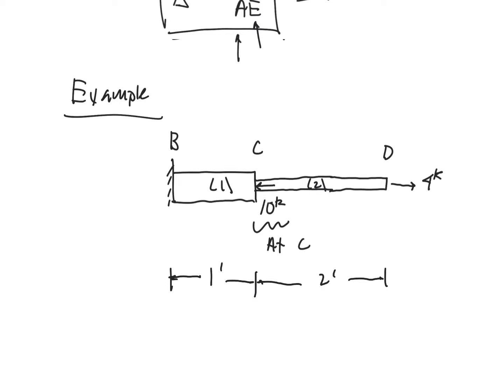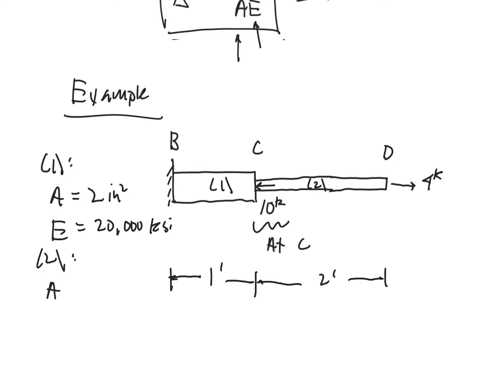Like so. And let's give the properties of these particular bars. Let's say that bar number 1 has a cross-sectional area of 2 square inches. And the value of the modulus of elasticity for this one is 20,000 KSI. Bar 2, that's a little bit smaller. Let's let A be 1 square inch.